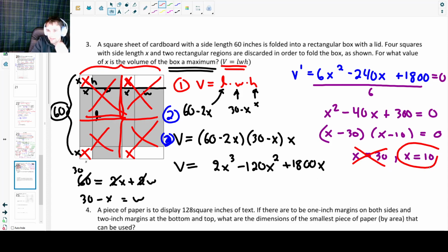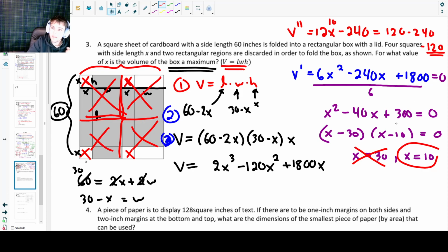So let's figure out if that's a maximum or a minimum volume by taking a look at the second derivative. Our second derivative would be 12x minus 240. If I plug 10 into here, 12 times 10 is 120 minus 240. That's negative 120.